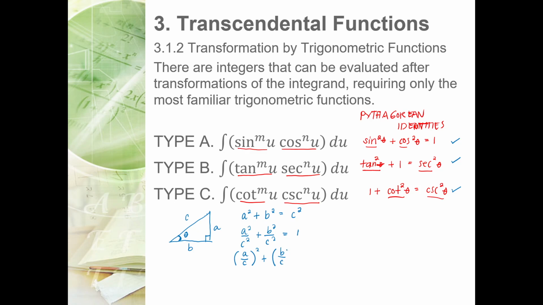Notice that in your diagram, a over c, with respect to the angle, is the opposite side over the hypotenuse, and that trigonometric function is your sine function. So we have sine squared theta.